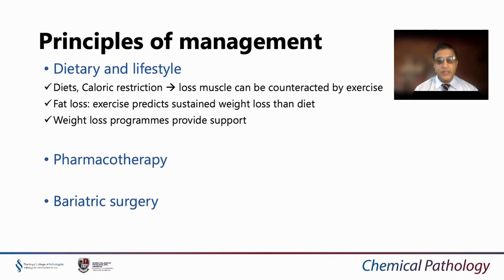Pharmacotherapeutic interventions are indicated for BMIs at greater than 30, alternatively BMIs of 27 and more with comorbidity. Bariatric surgery is indicated for BMIs greater than 40 or BMIs greater than 35 with comorbidity.